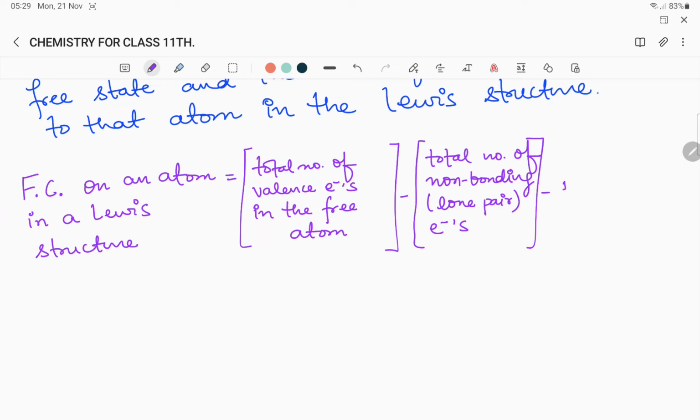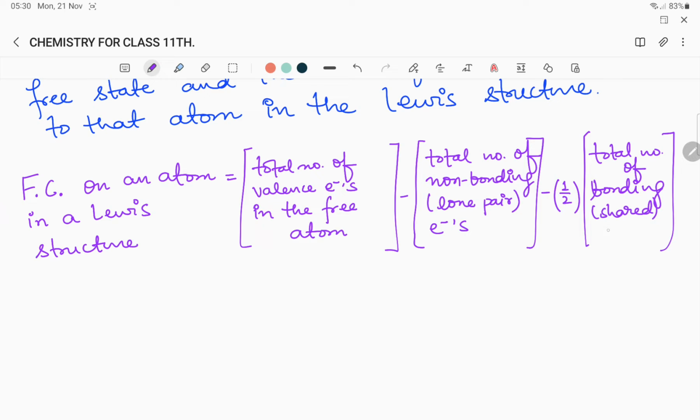Then we have to take half of the total number of bonding electrons. The bonding electrons are also known as shared electrons.